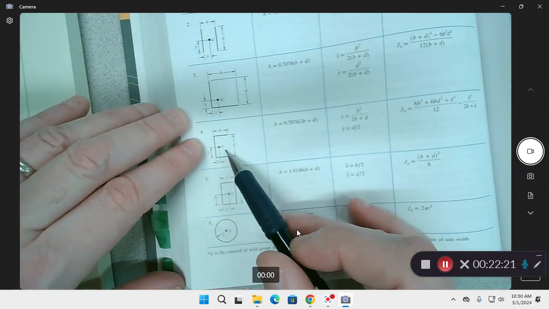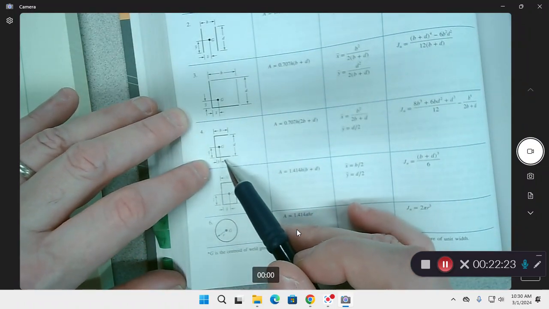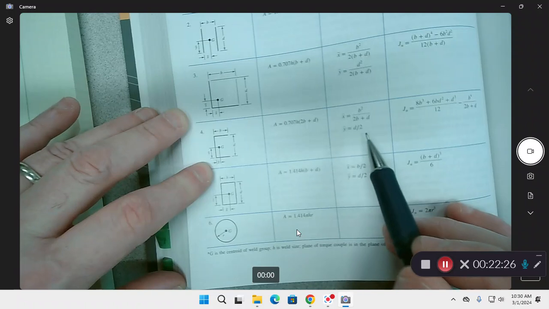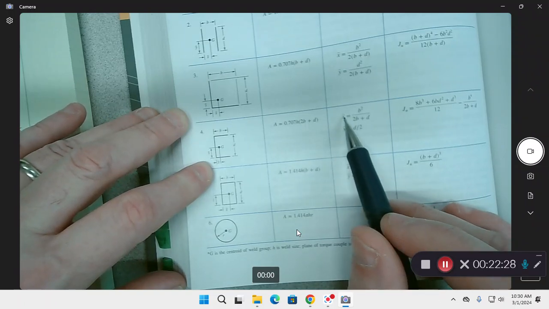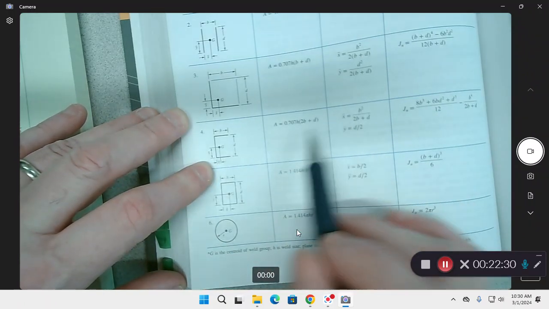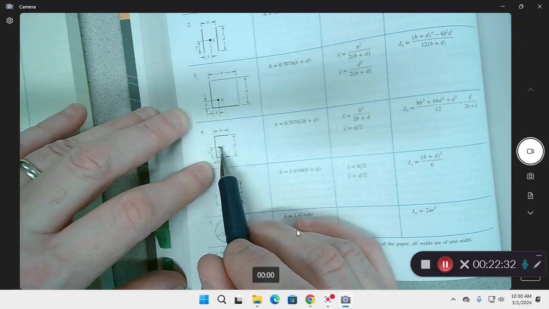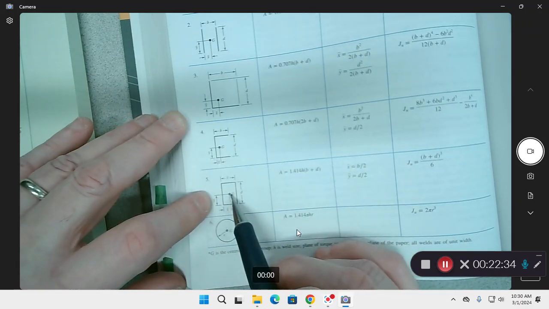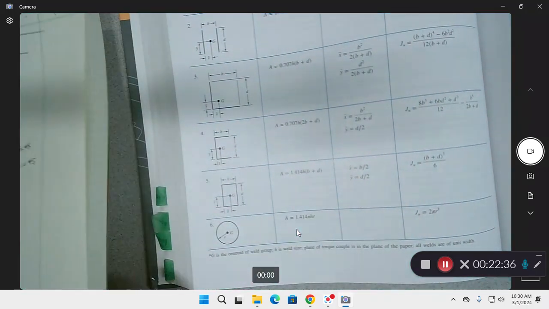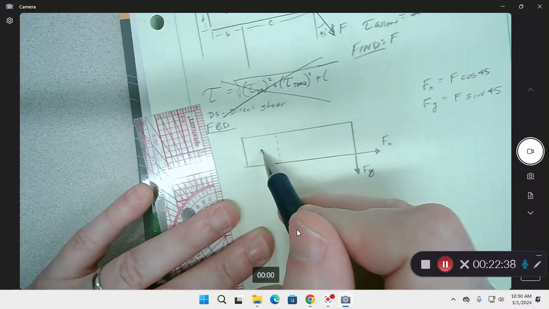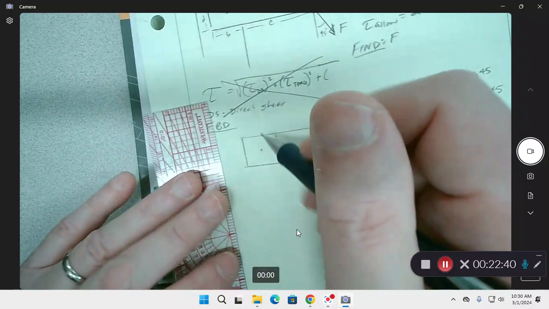If it was a C, we would want to definitely reference it. It's not going to be too terribly difficult to figure this out on our own, where the X location would be to get to the center of the thing. But it's kind of obvious when it's a rectangle that we're going to have it this distance right in here.